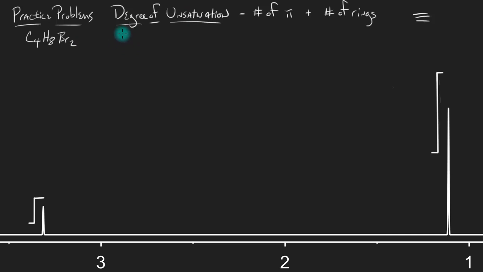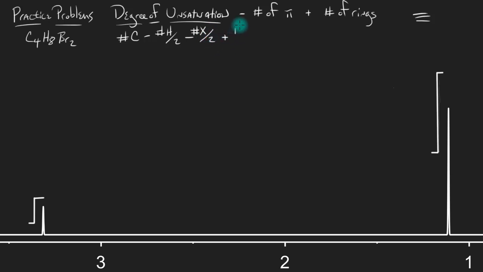The way that I do the degree of unsaturation is I start off with the number of carbons in the molecule, so I'll say number of carbons, and then I'm going to take the number of hydrogens. We're going to divide that by 2. We're going to subtract the number of halogens, so I'm just going to say any kind of halogen, so fluorine, chlorine, bromine. I'm just going to abbreviate by saying X. And so we're going to divide that number by 2.